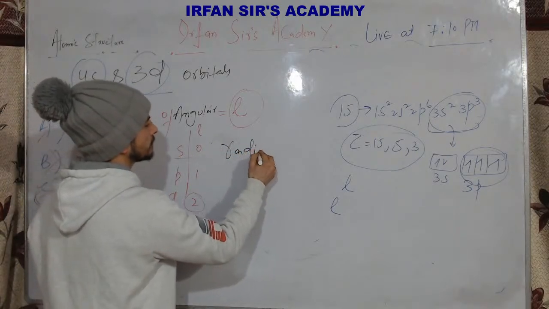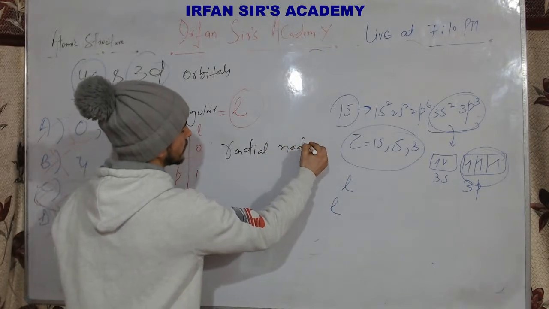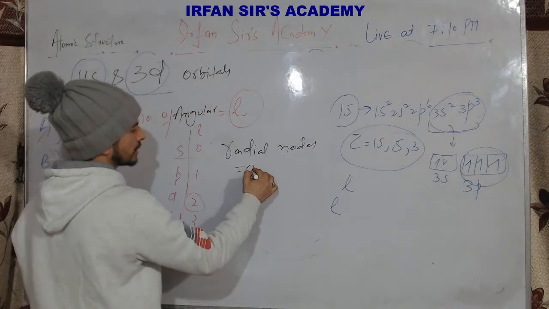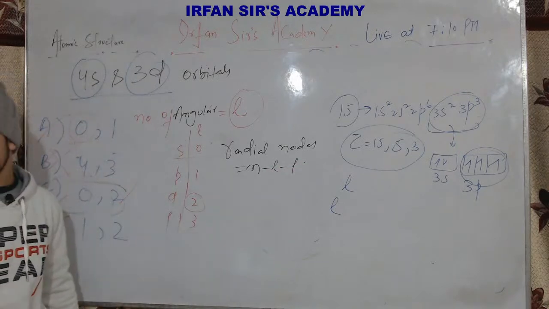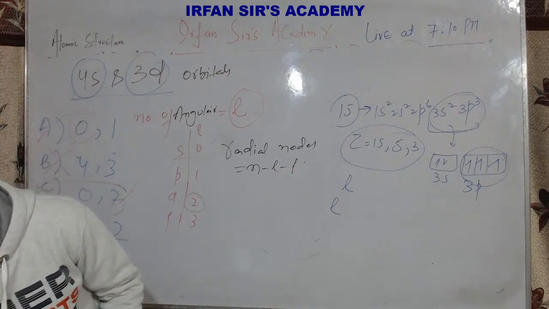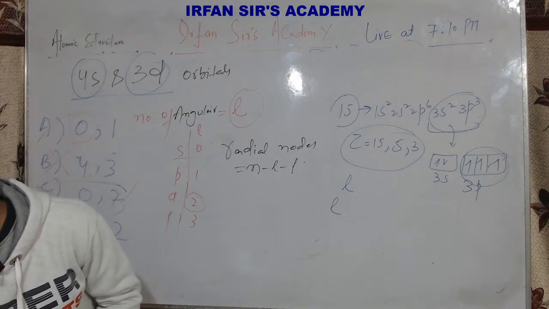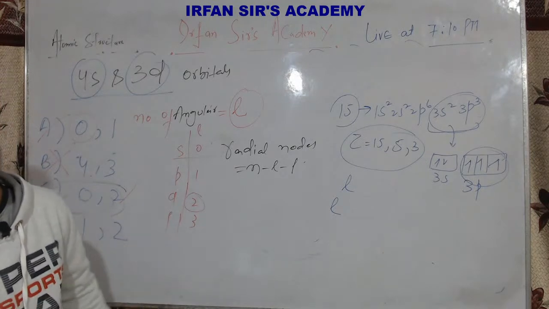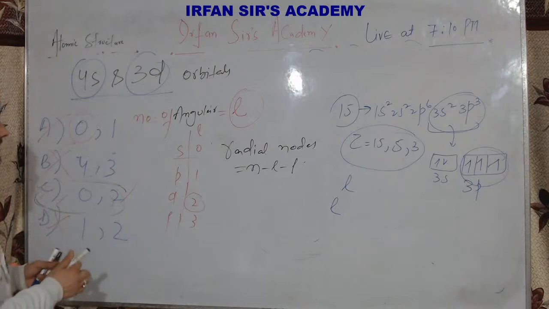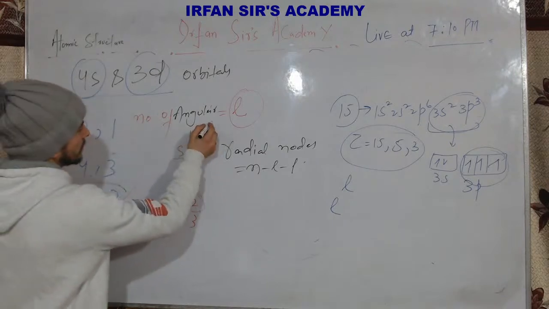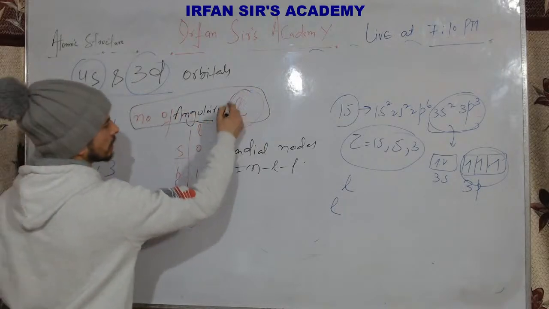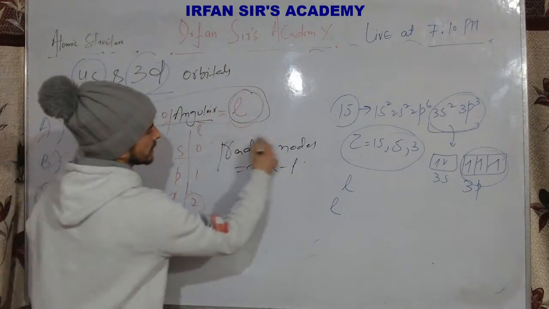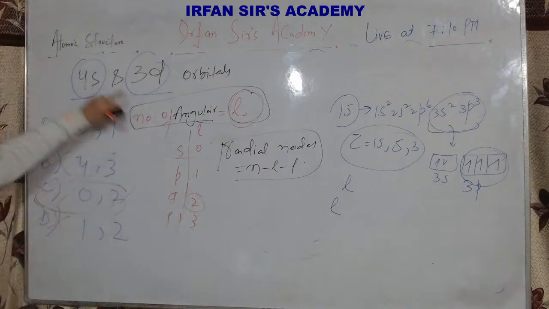The number of radial nodes is equal to N minus L minus 1. The number of angular nodes is equal to L. What is the value of N for 4s?